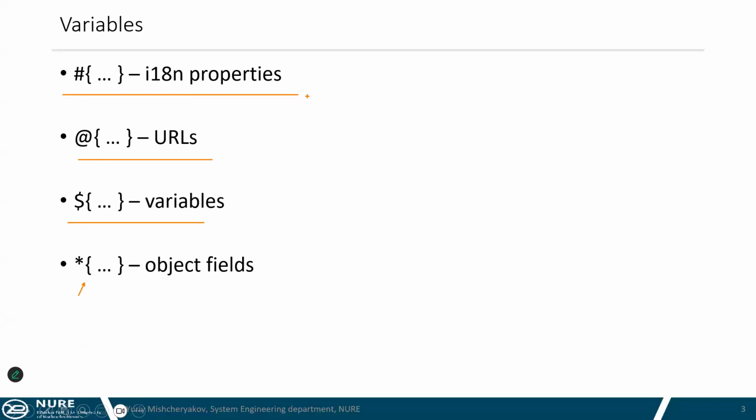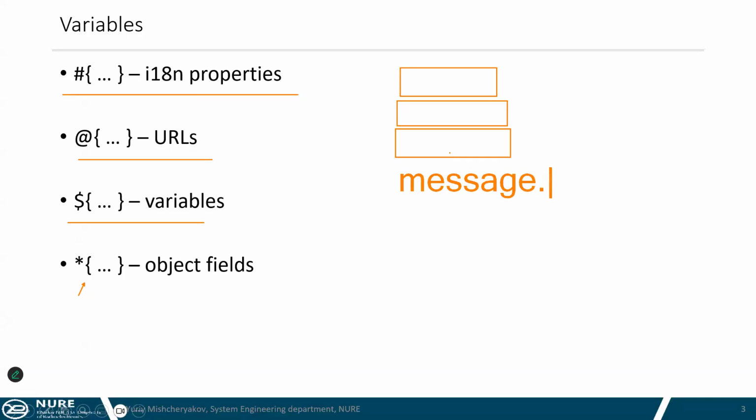And for these purposes, you can create special files with extension properties. There is a base name, for example, messages dot properties. It's the default messages, if the application doesn't understand what language the user wants. Okay.